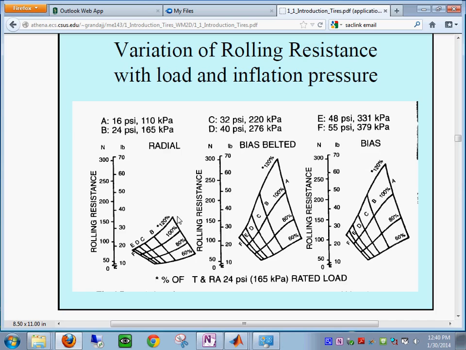And then you have the tire pressure. This is what I was trying to tell you, that if the tire pressure is low, then you will increase this.